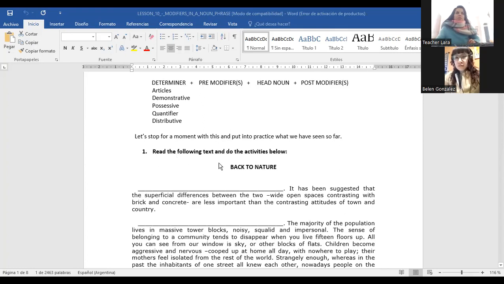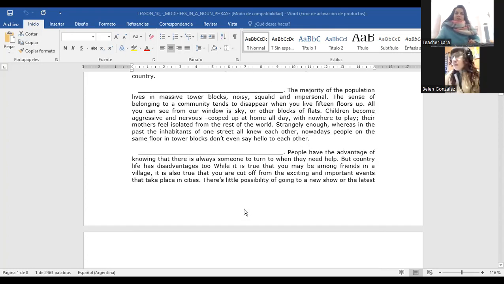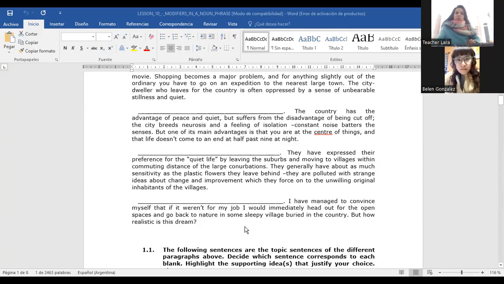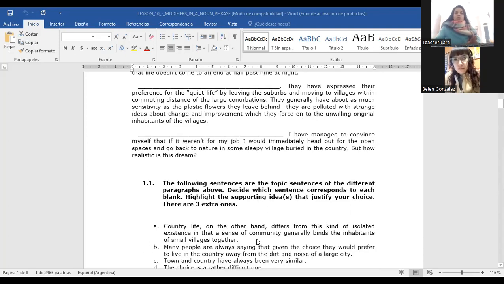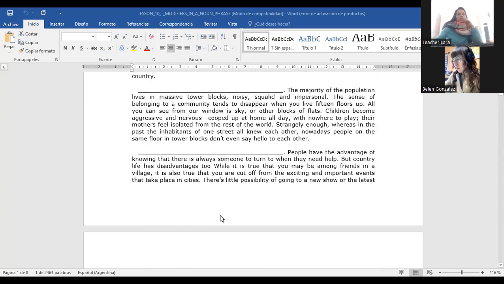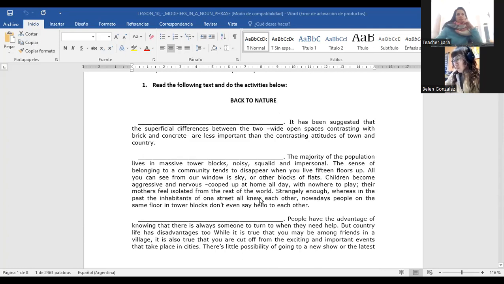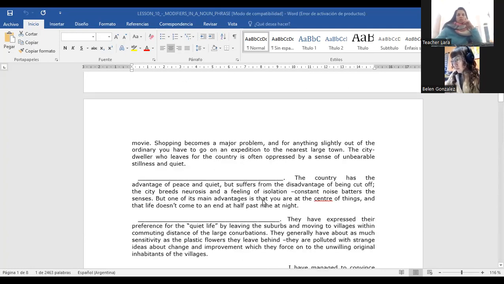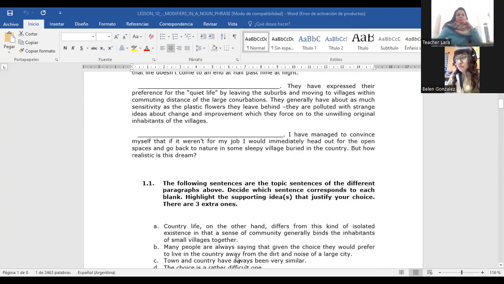This is a very nice activity. It's a great opportunity to practice everything, but we are going to do this with Sylvie next lesson. The idea is to complete the text called Back to Nature. We have seen some parts of this text before.